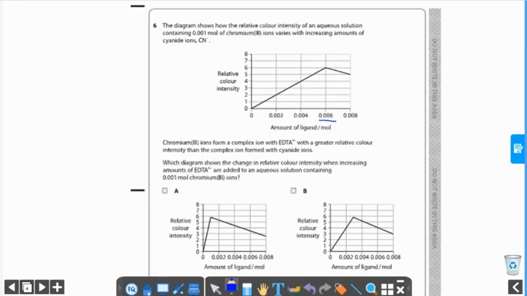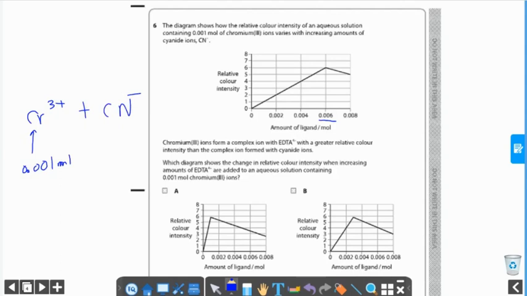This is chromium-3+, this is 0.001 mole. As cyanide ions are added, the intensity increases.